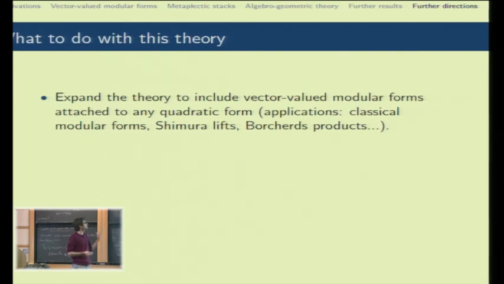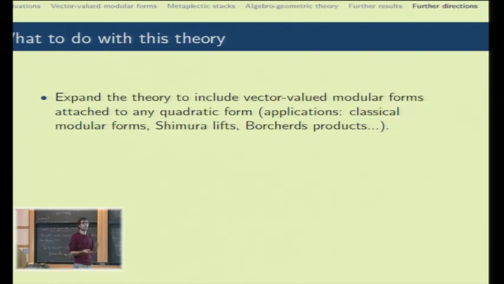Once you do that, it will also be clear, for example, the relation to classical modular forms, because you can take unimodular lattices, and that will give you relationships with level 1 modular forms. Also, I think it might be a little clearer how the Shimura lift fits into this picture.